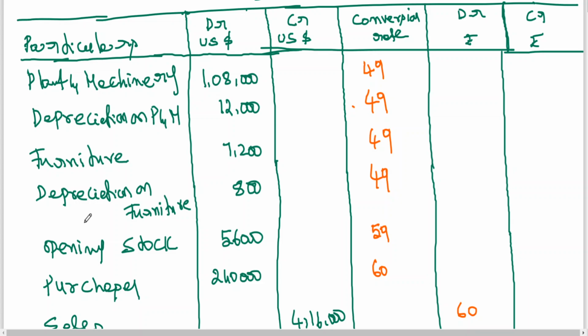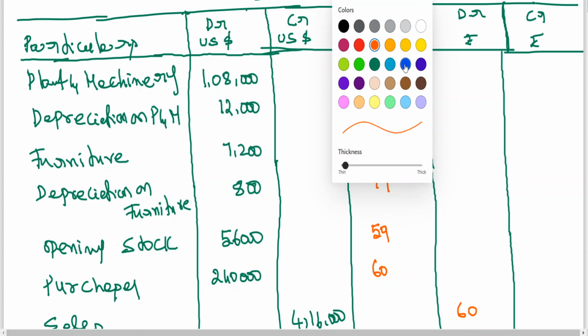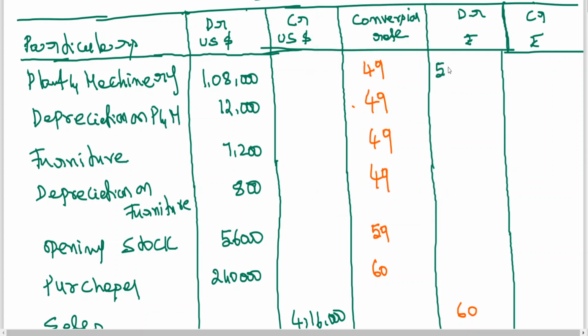1,08,000 into 49 is coming to 52 lakhs 92,000.